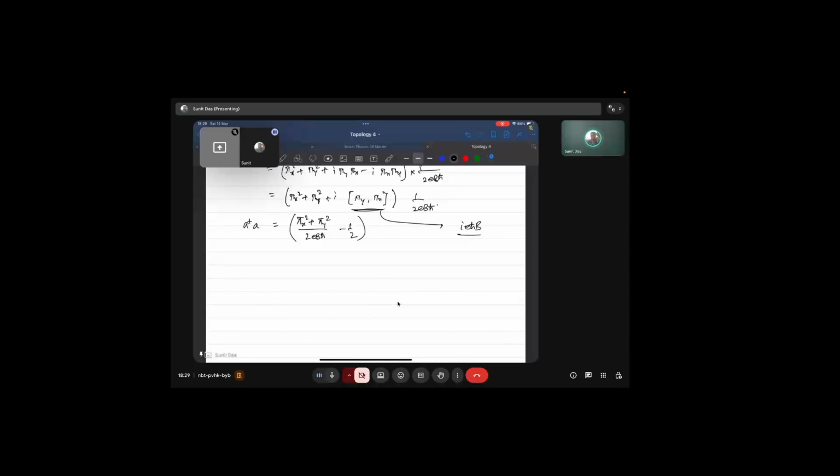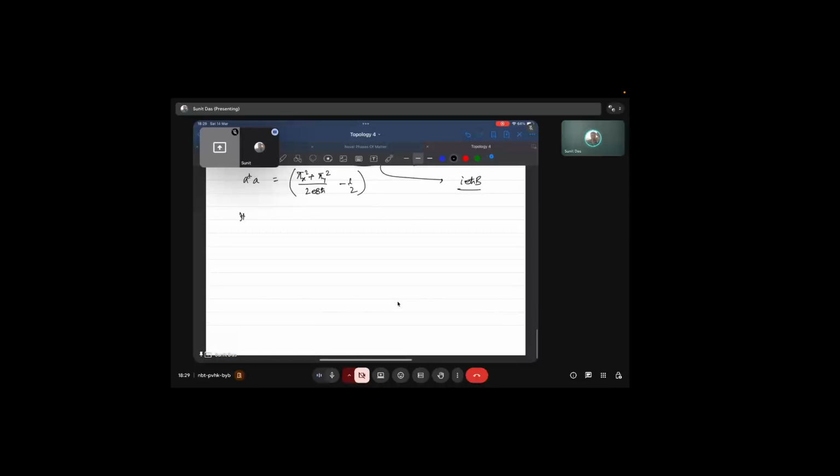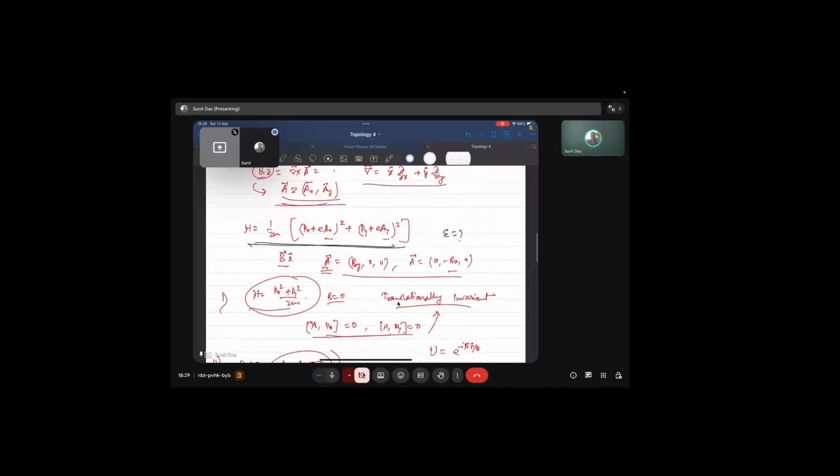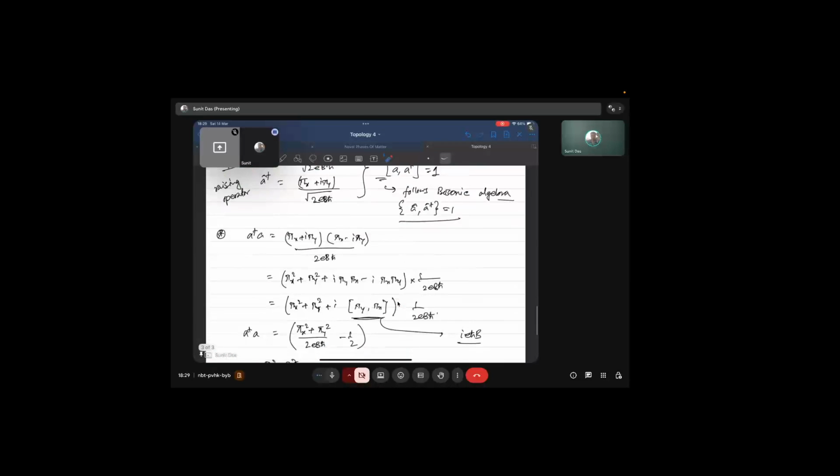If that is the case, then our Hamiltonian was pi x square plus pi y square by 2m, right? So our Hamiltonian was this particular formula, and we have considered this to be pi x and this to be pi y.